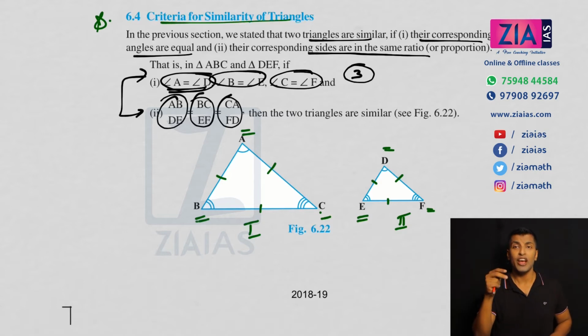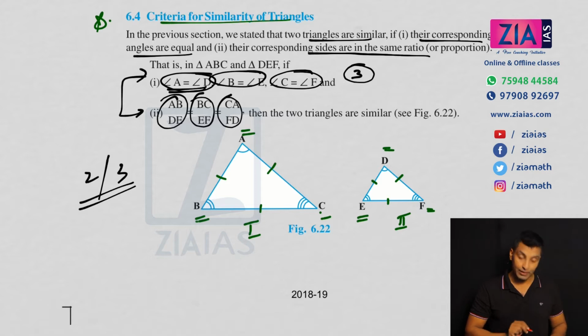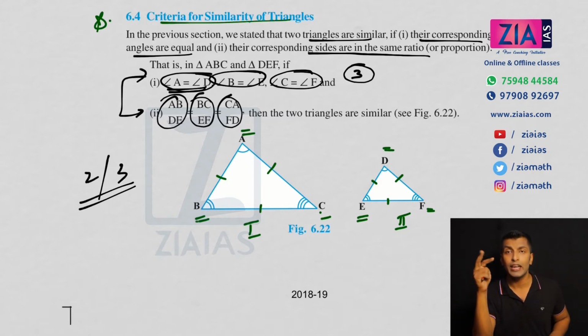But the question is whether you need to check all these 6 aspects to know two triangles are similar, or is there any shortcut, or any other rule, like checking 2 or 3 parameters, as we have seen in the case of congruency. In congruency, two triangles are congruent if all angles are equal and all sides are equal.